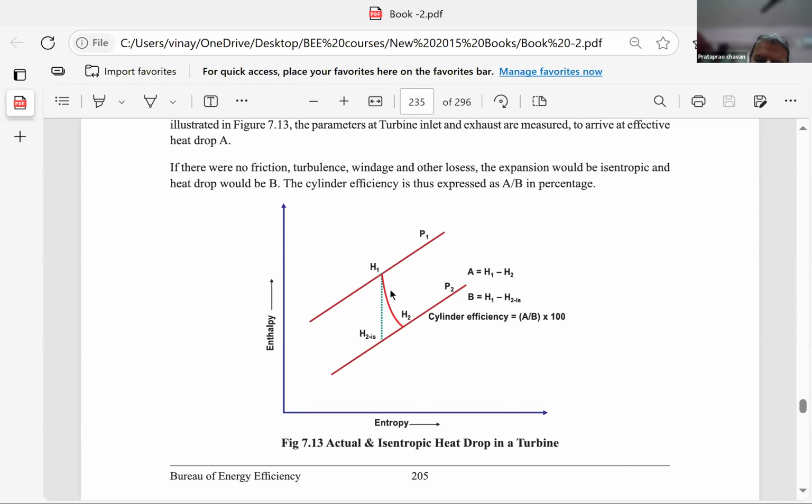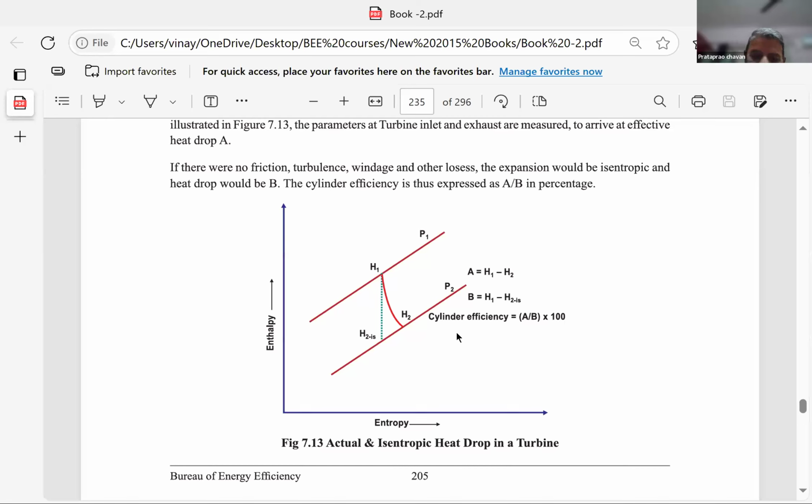The pressure was here and it started dropping as it expands. Pressure line with constant heat. Now, when P1 expands like this, it loses pressure and the behavior is like this. P2, as it is further reduced, there will be P3, there will be P4, parallel lines.